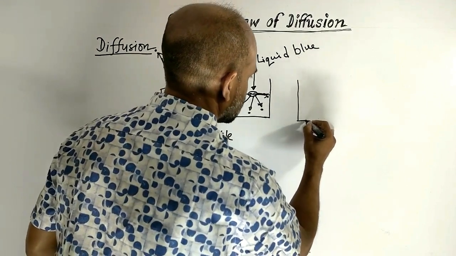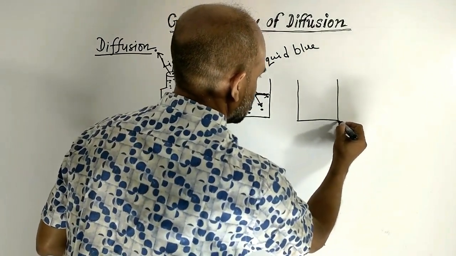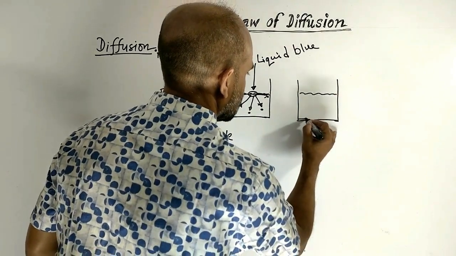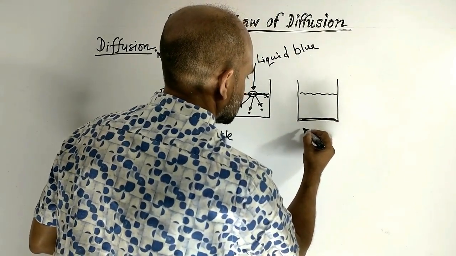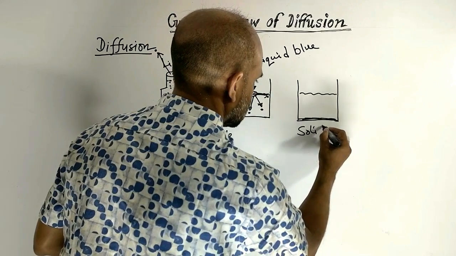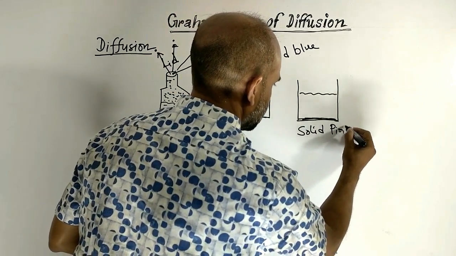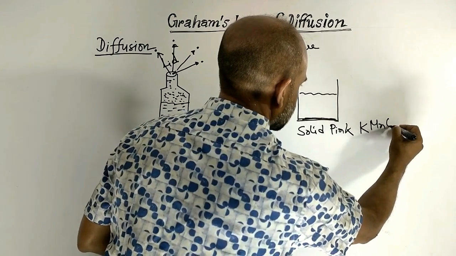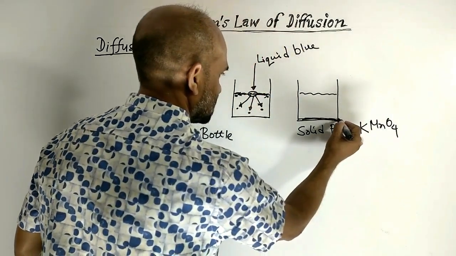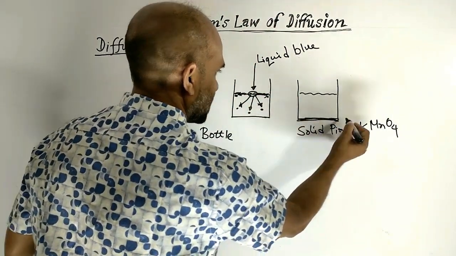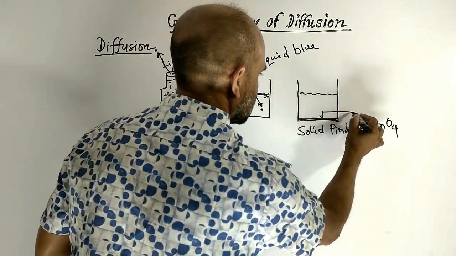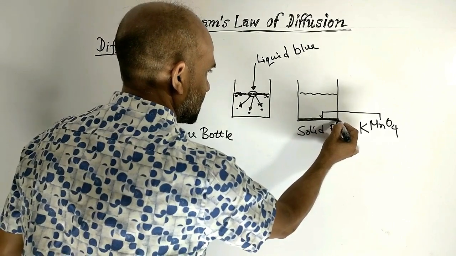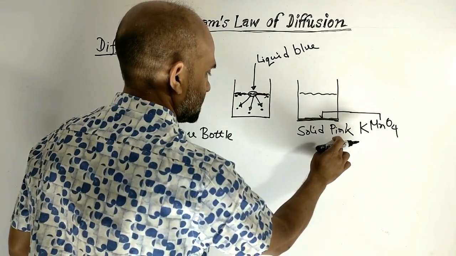Let us suppose another beaker with water. Here, solid pink color potassium permanganate. This is potassium permanganate, with pink color.